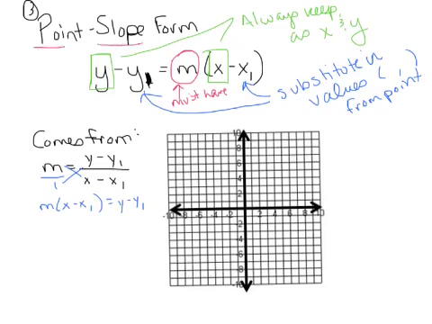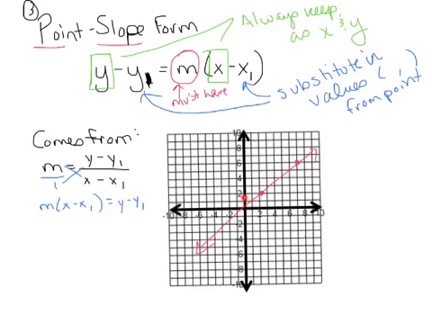So if I give you an equation, okay, let's say I give you something looking like this. Looking at this, I have 2 points on the graph.